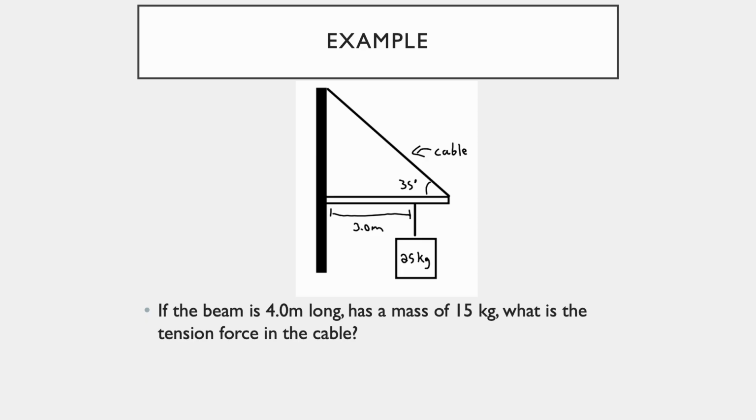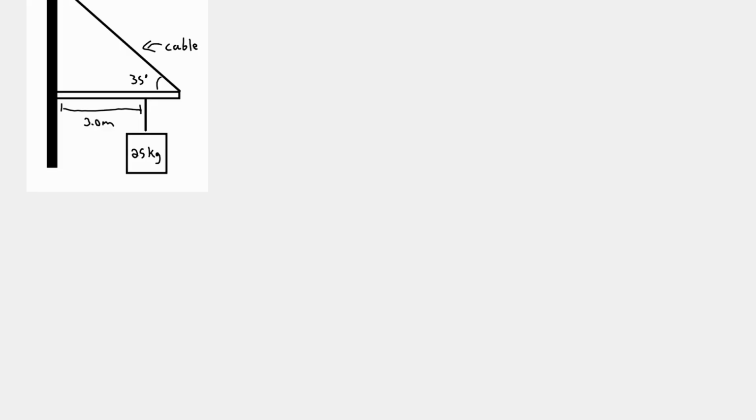Okay, next example. If a beam is 4 meters long and has a mass of 15 kilograms, what is the tension force in the cable? And we can also see it's holding up a 25 kilogram mass. So, once again, we know the sum of torques is 0, and we're once again going to have 3 torques. You're going to have a torque from the beam, a torque from the mass, and a torque from the cable.